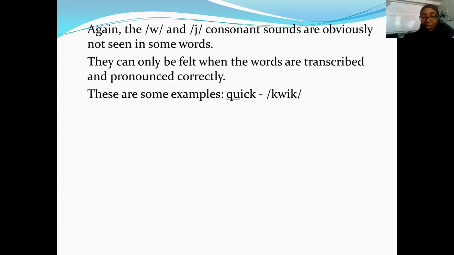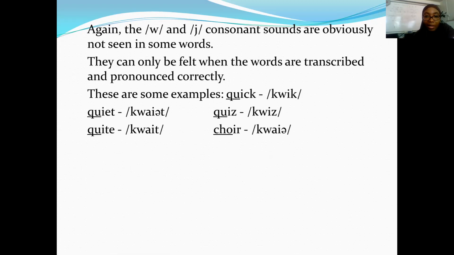Even though when you look at it, you don't have the letter W, in the pronunciation, it's there. The W sound is there, quick. Likewise, quiet and quiz, white and choir. In choir, the letters you have are C-H-O-I-R, but it is pronounced as quire.